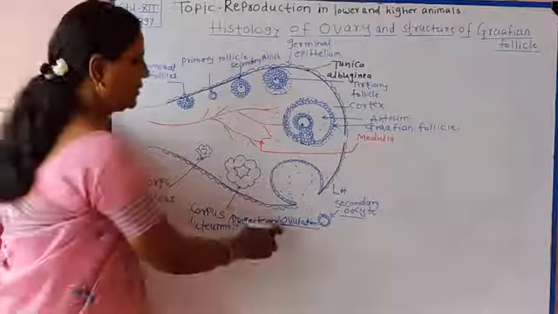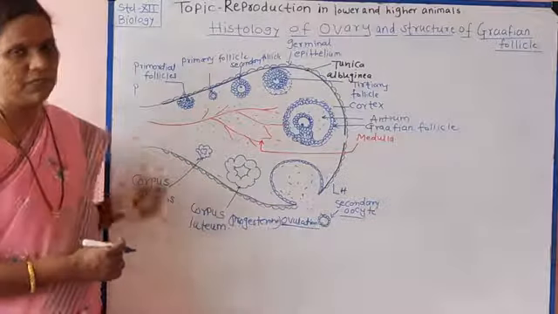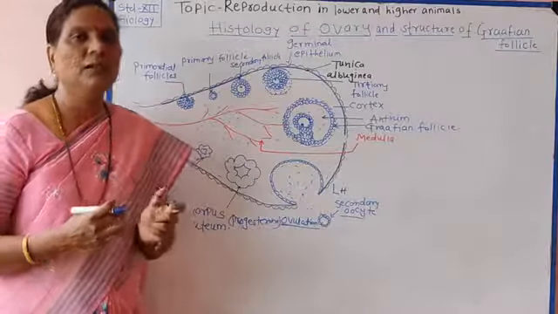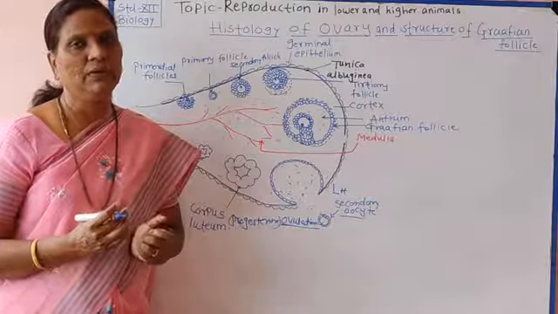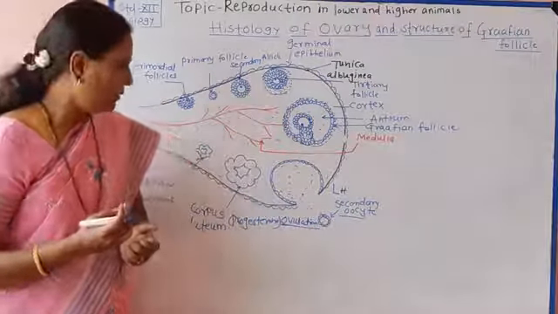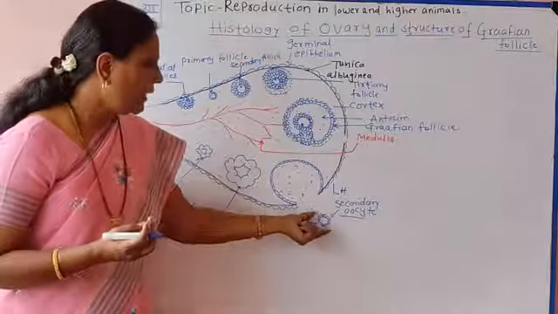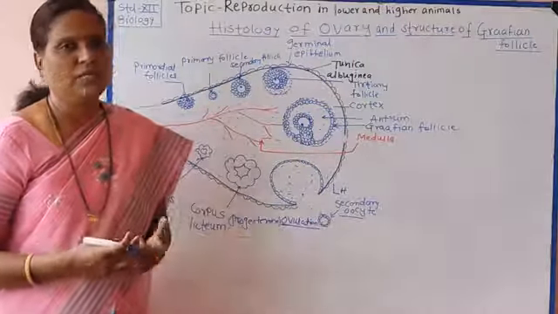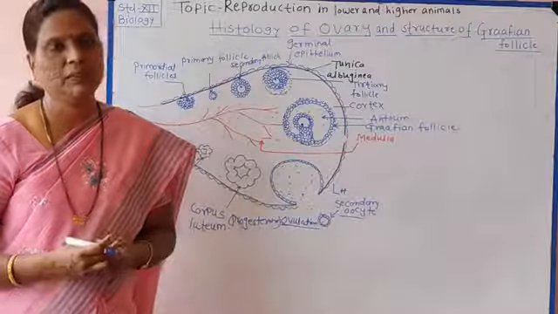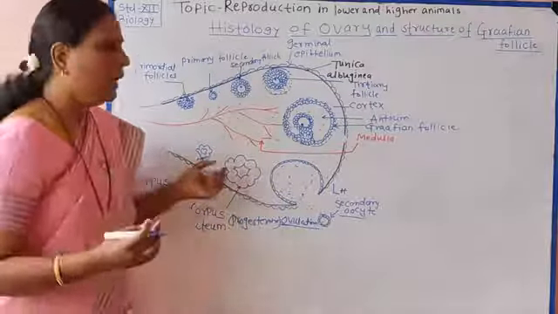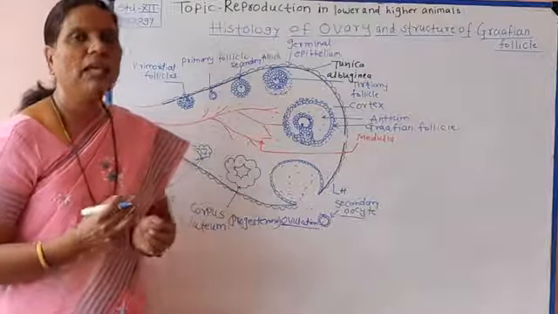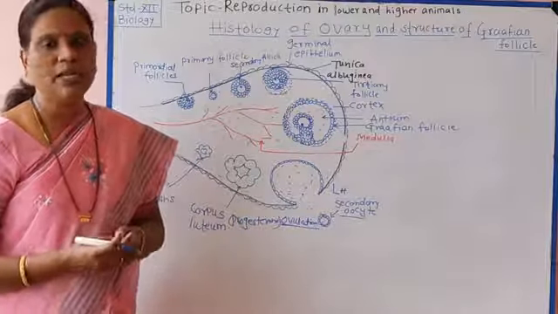And after ovulation, if fertilization takes place, fertilization means the fusion of male and female gametes. If the sperm fertilizes the secondary oocyte, then after fertilization meiosis second division takes place, and there is fusion of the male and female pronuclei to form the zygote.